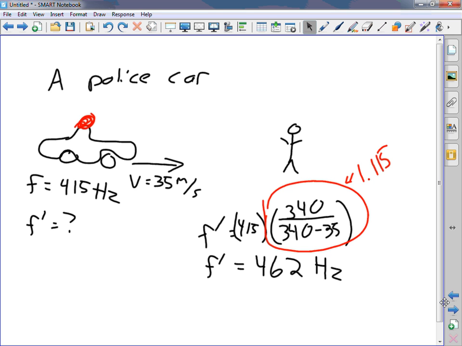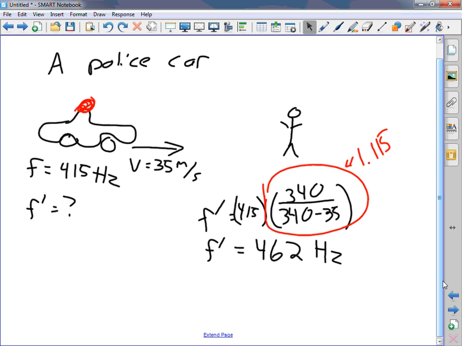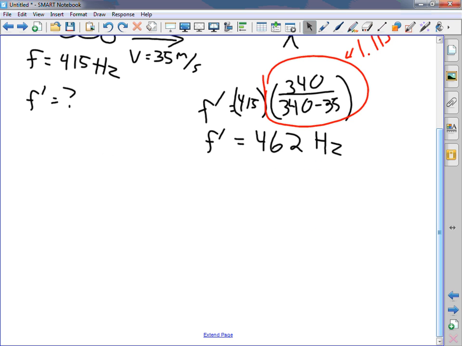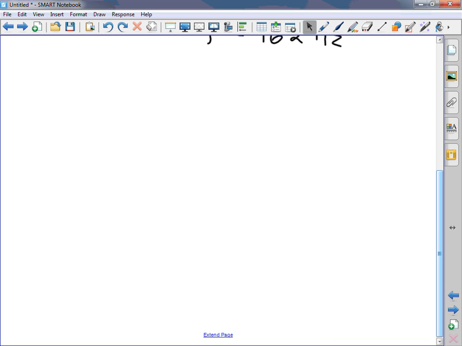Let's go one step up just for a tangent, because this sounds like he wants to have fun with this. Let's say, just for the sake of argument, that our police car is no longer going 35 meters per second. Let's put them up at 300 meters per second. This is way faster than is possible.